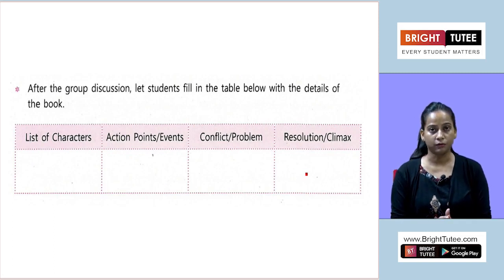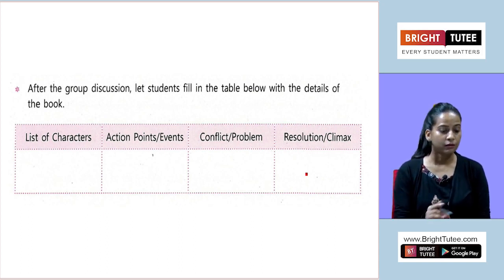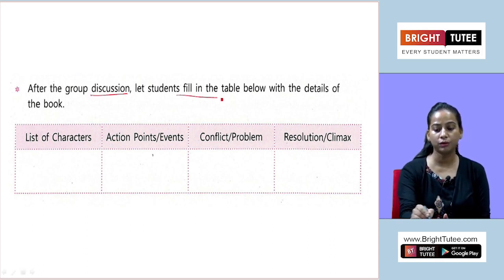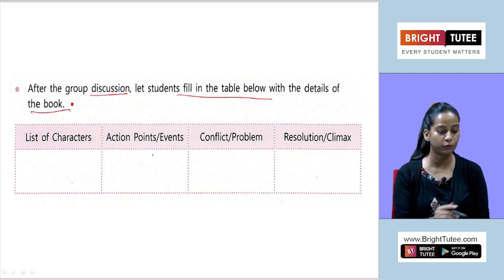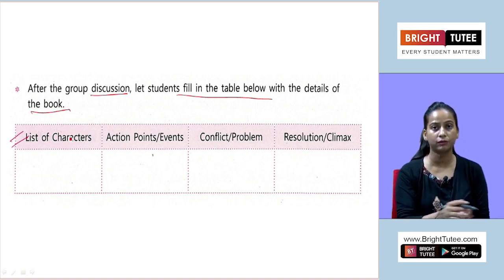After the group discussion, what is required on your part? Because the group discussion and reading part is done, now the second part of this warm-up exercise is going to be your writing part. So after that, let students fill in the table below with the details of the book. You have to list the characters that were involved in your book.